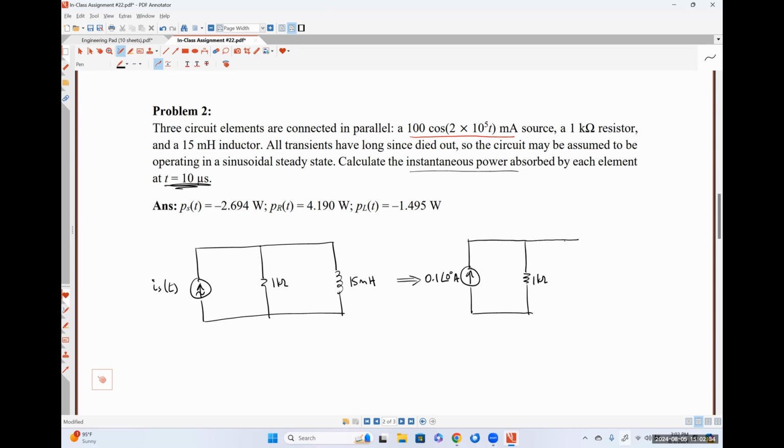And then lastly, we have our inductor over here. So what is my 15 millihenry inductor going to look like as an impedance? J omega L. So J omega L, what's omega? The 2 times 10 to the 5th. Okay, so 2 times 10 to the 5 times 15 times 10 to the minus 3.